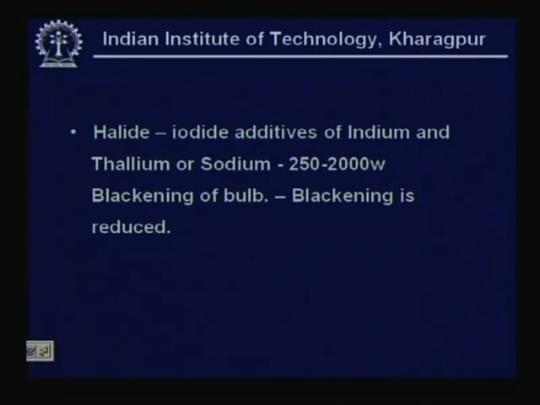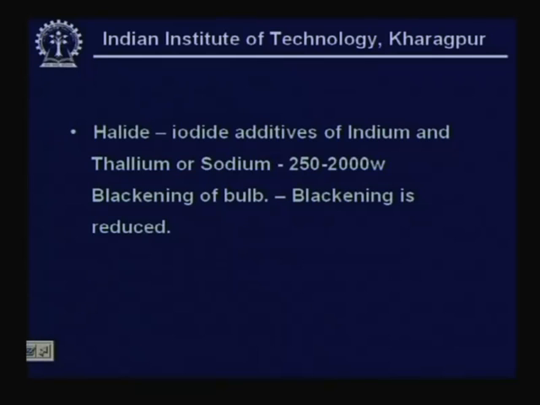Halides are also added sometimes, we said, and in fact halides were employed even in the incandescent lamps. We have seen that they are iodides of indium, thallium or sodium, and these days we have what are called metal halides.